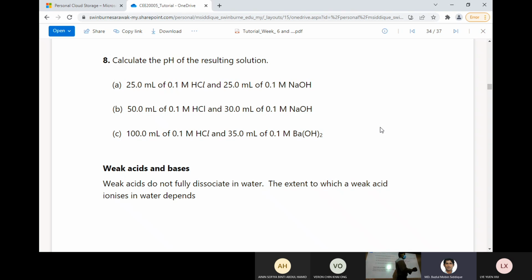Look at the equation now. What is the ratio of the equation? Stoichiometry, we will learn next lecture, next week hopefully. But what is the stoichiometric ratio of the reaction? 1:1.